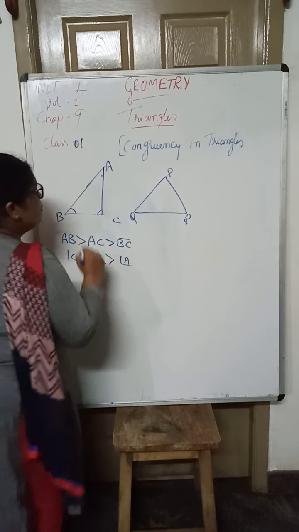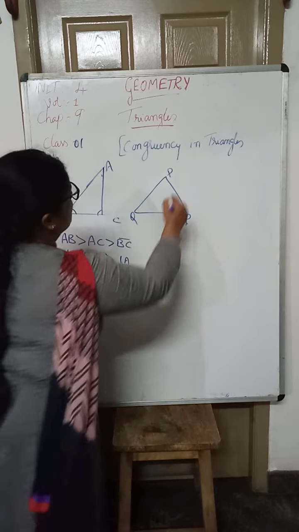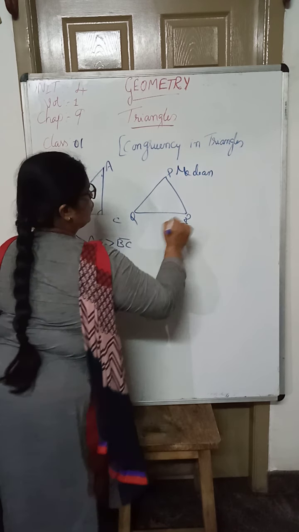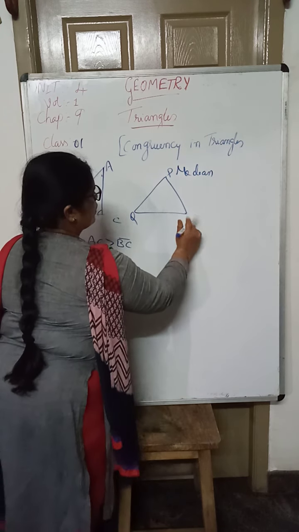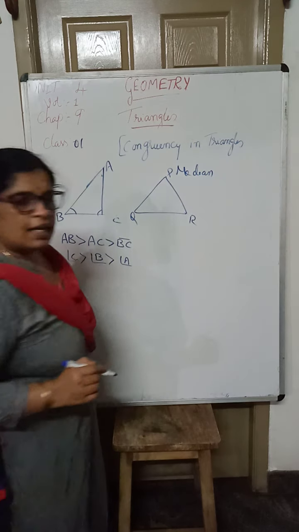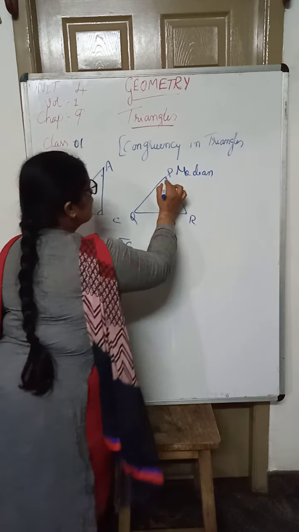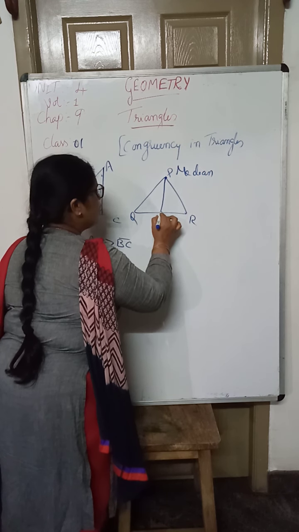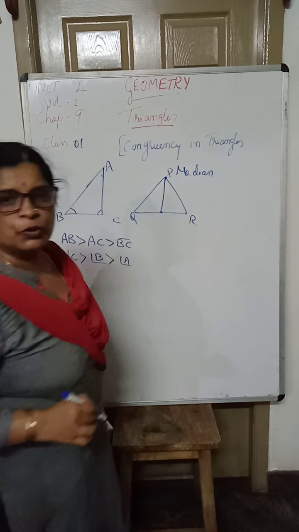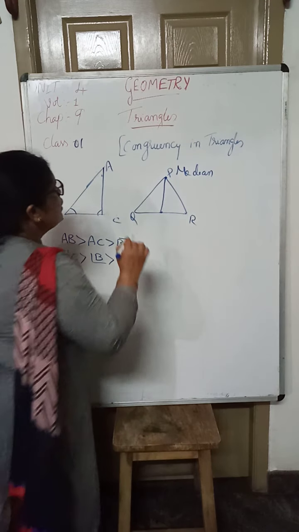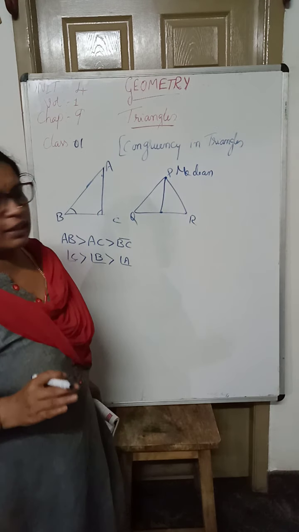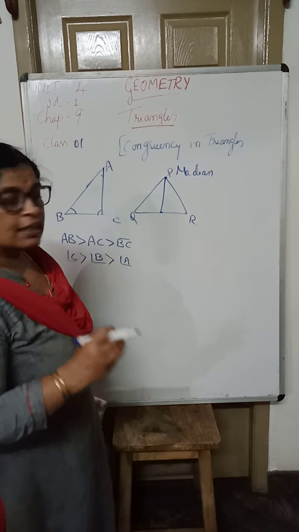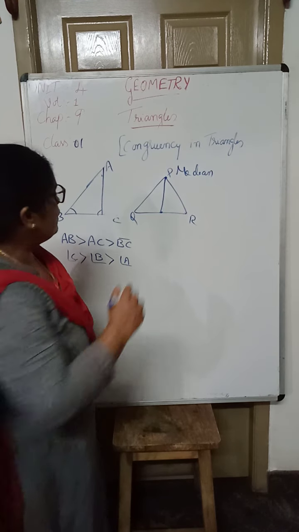Now, some important terms with the triangle. First one is the median. I will explain the median with triangle PQR. The line segment which connects a vertex and the midpoint of the opposite side is said to be a median. Every triangle has 3 vertices and 3 medians.